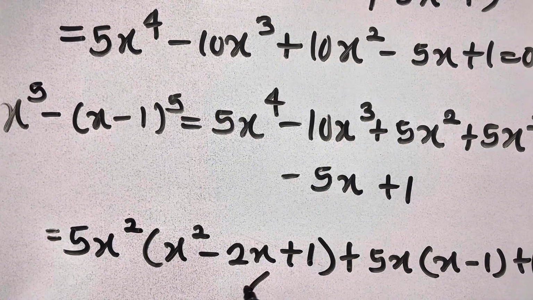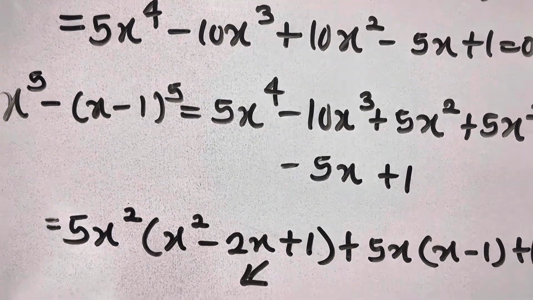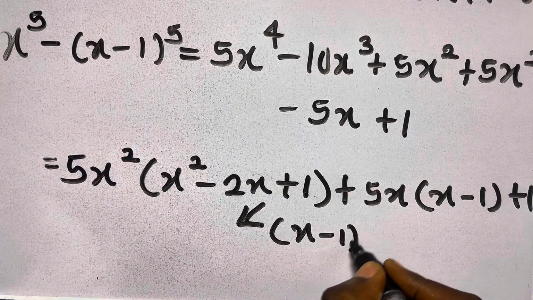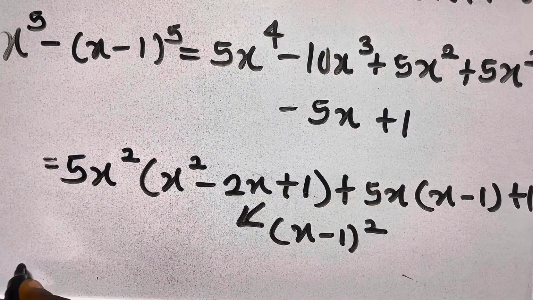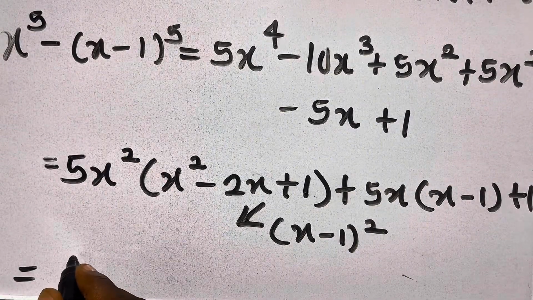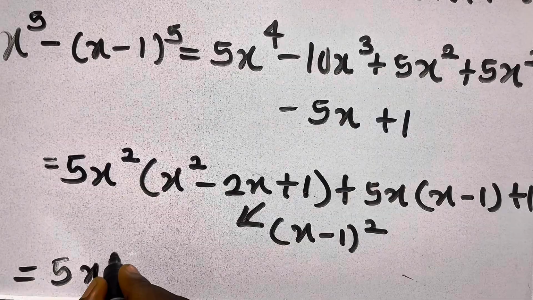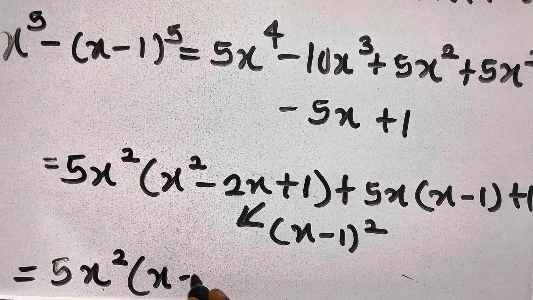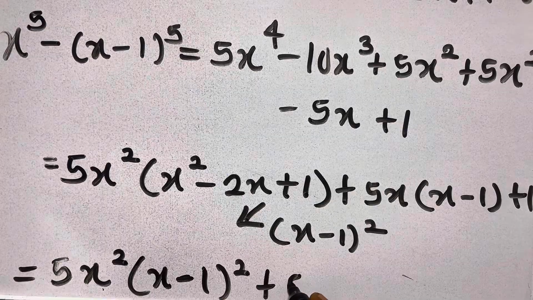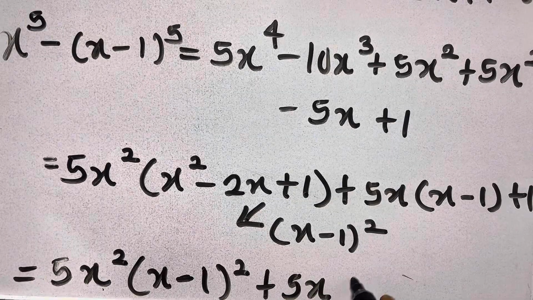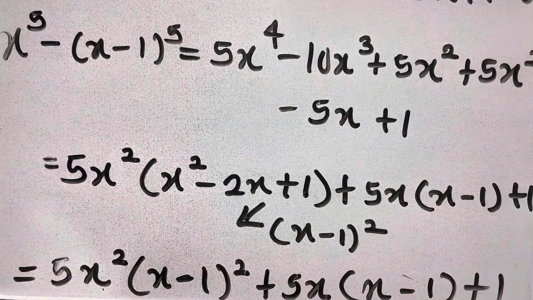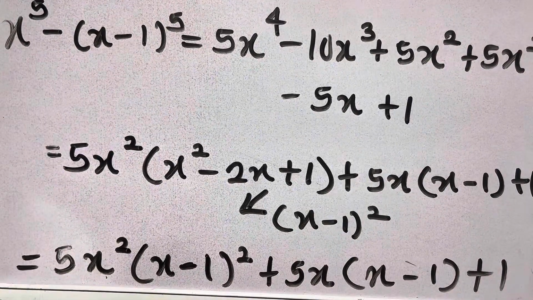But you should know that this particular expression, x^2 minus 2x plus 1, is equal to (x minus 1) raised to power 2. So we have 5x^2 (x minus 1)^2 plus 5x (x minus 1 plus 1). I hope you understand it.